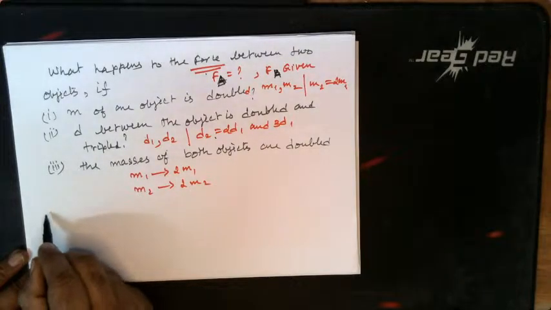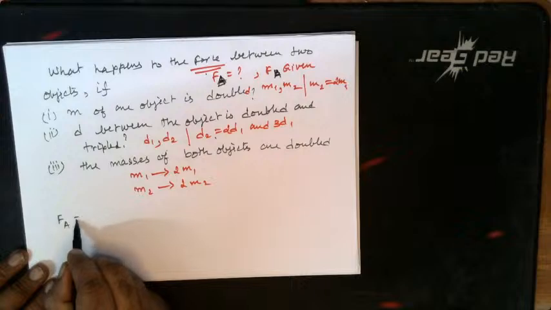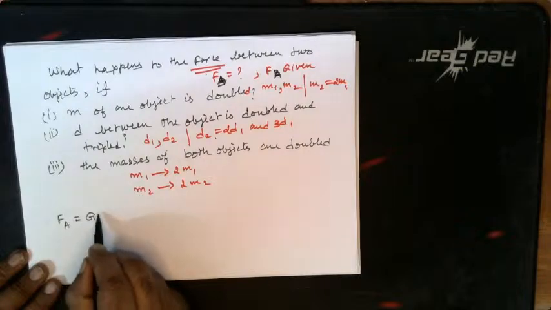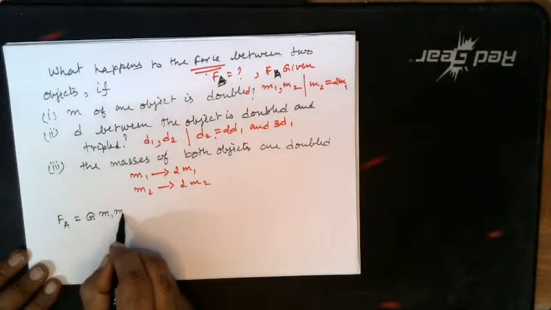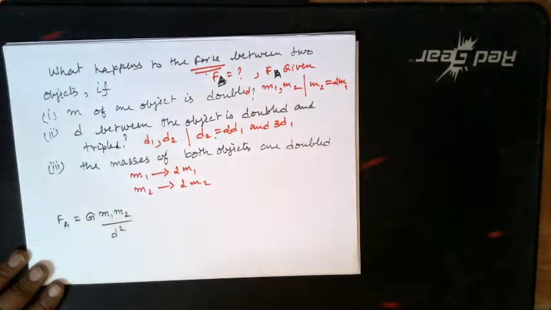So FA is equal to G into M1 M2 divided by D square. This is one type of force, this is one set of force.